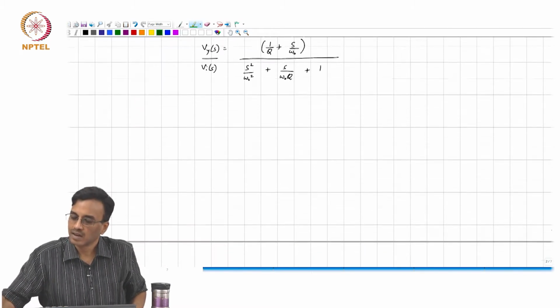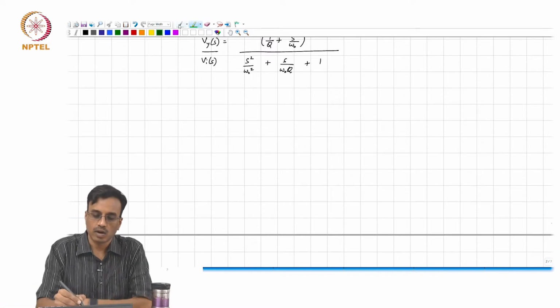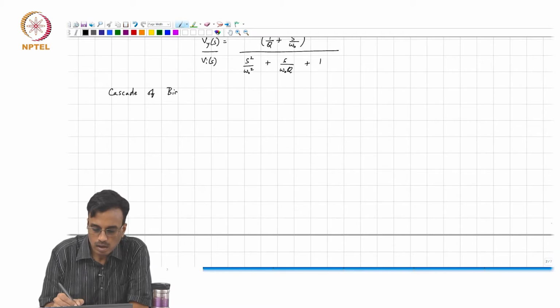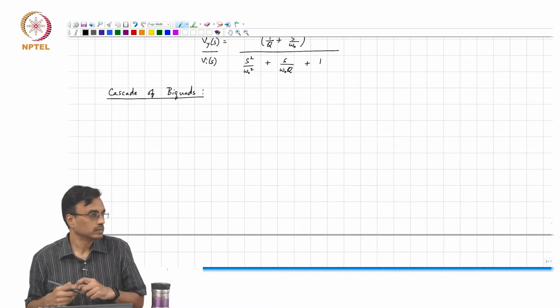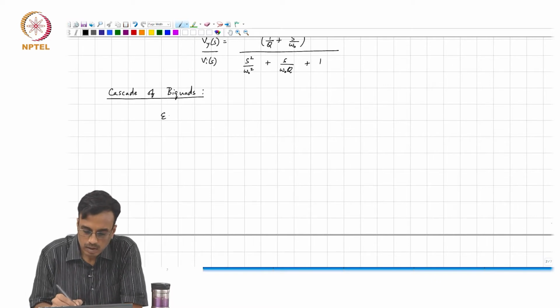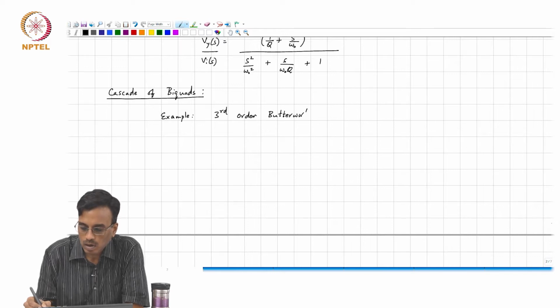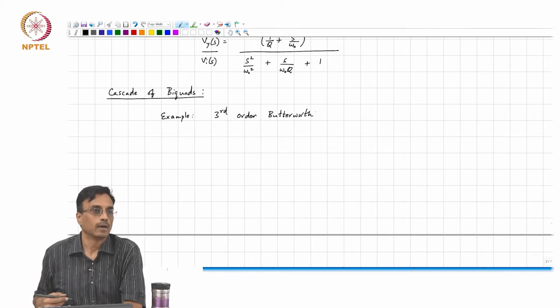So, let us say we are interested in building a third order Butterworth filter.